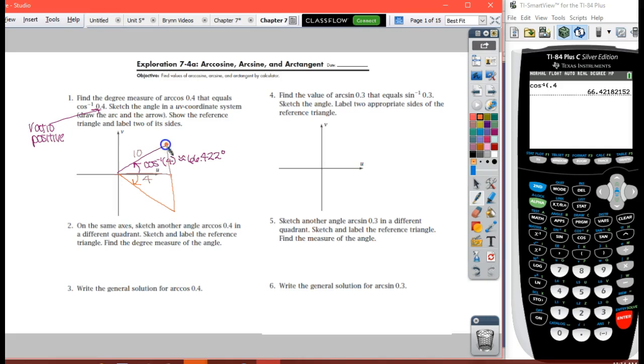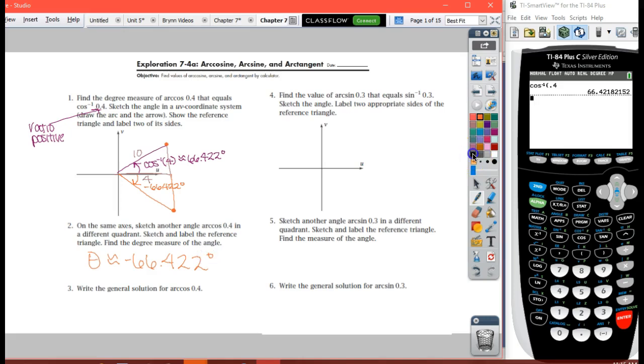And since these ratios are going to be exactly the same, I know that this reference angle is just negative 66.422 degrees. I could also go around the positive way and add 360 to get other answers. So my first answer was the 66.422. My second answer for theta is approximately equal to negative 66.422 degrees.